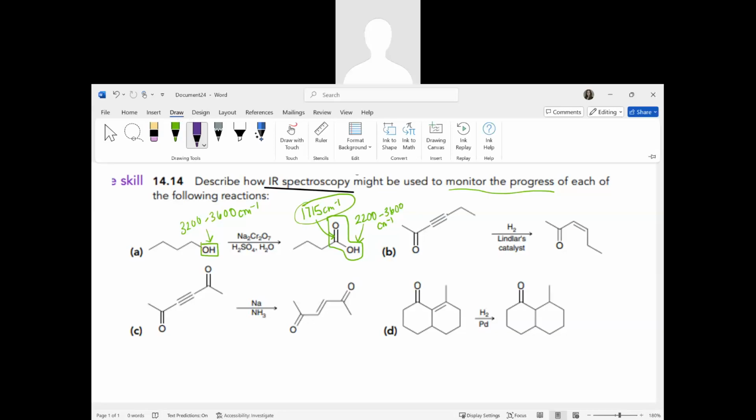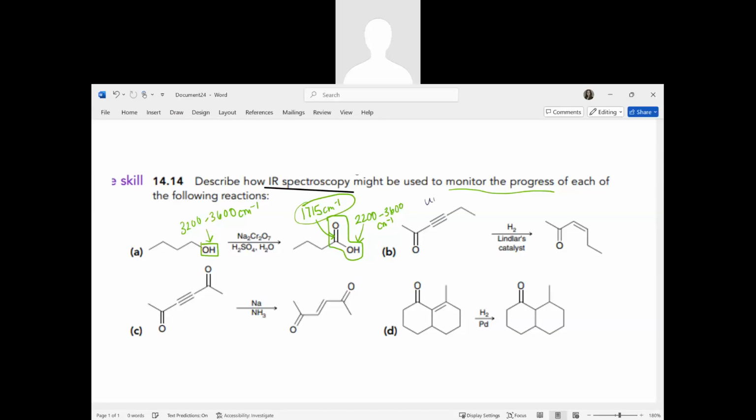Our starting material is an unsymmetrical alkyne. We expect this alkyne to give us a signal around 2200 or so for that CC stretch. Then in our product, we have an sp2 hybridized hydrogen here and here in our alkene.